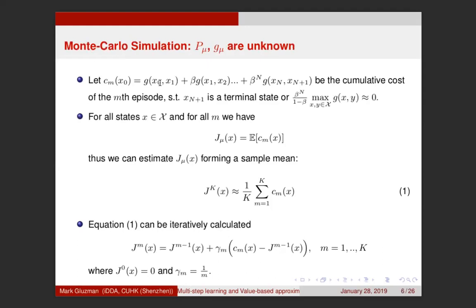Of course, another drawback is that we need to store in memory each episode, and only after that we sum them up. But there is a good formula to calculate a sample mean. We can iteratively calculate our estimate: as soon as a new estimation from the mth episode occurs, we can update our estimation of the value function at state x.